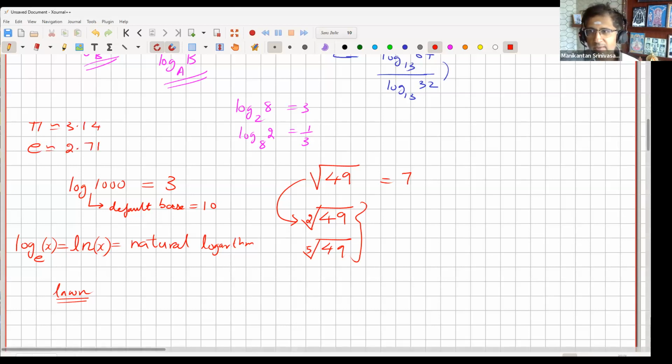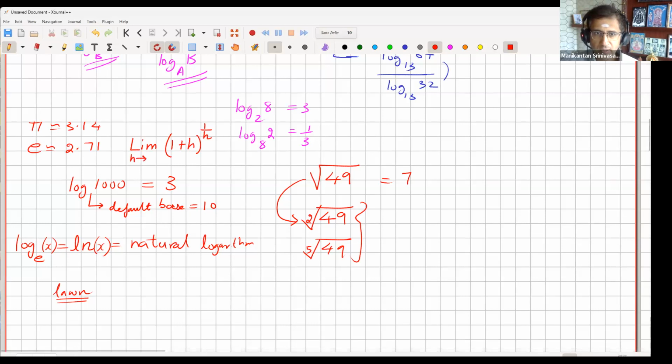And we saw an introduction to E in the context of the geometric progression or the compound interest. So the definition of E was, if you let a small number h tend to 0, and you take 1 plus h and raise it to the power 1 by h, right? In that limit, h tends to 0, this approaches this value, 2.71, right?